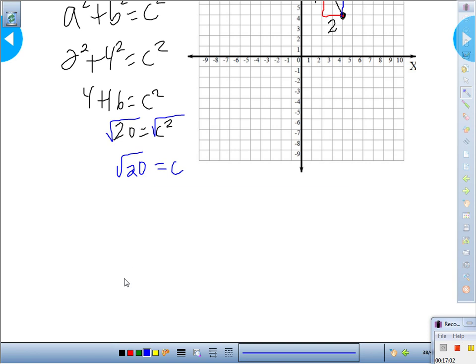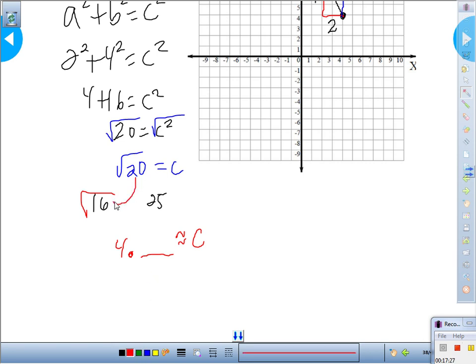Between what two perfect square numbers is 20 found? 16 and 25. So that means square root of 16 is 4. So the answer is going to be 4 point something, yes? Approximately C. So let's see what that is.